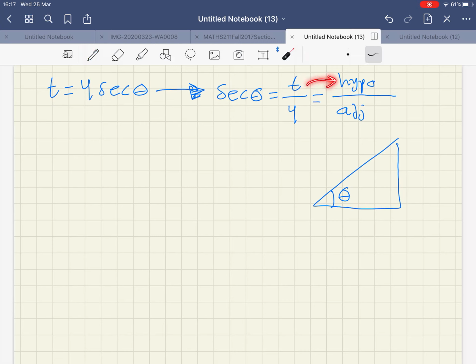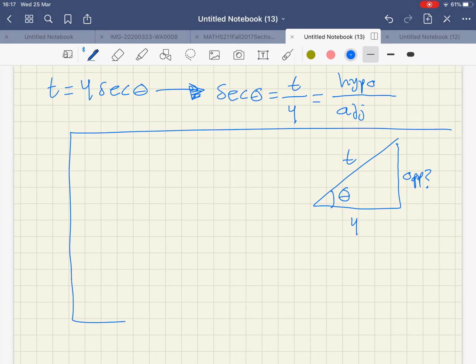Comparing between the hypotenuse and the numbers here, we can write this is t and this is 4, and what is missing for me is the opposite. Now, how do we find the opposite? That's the question.